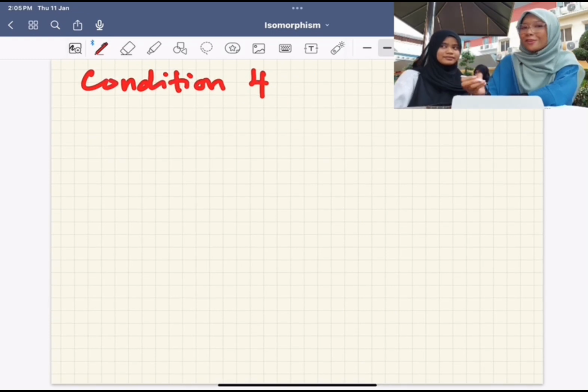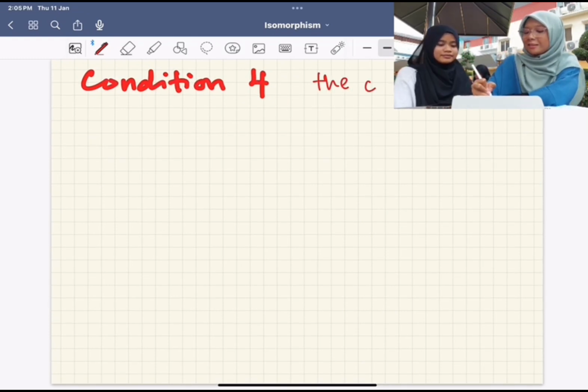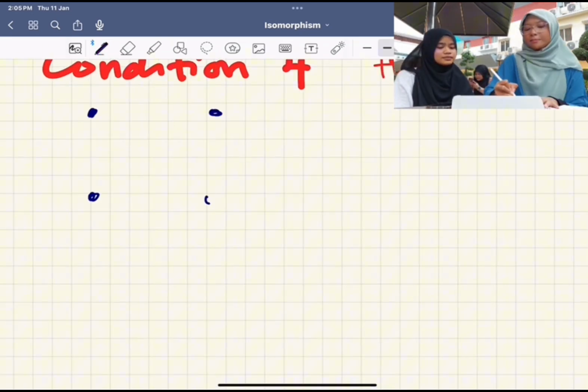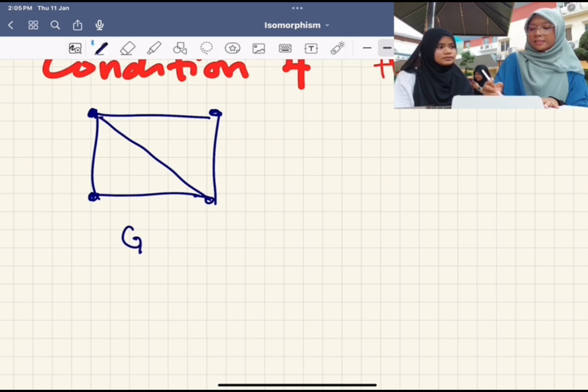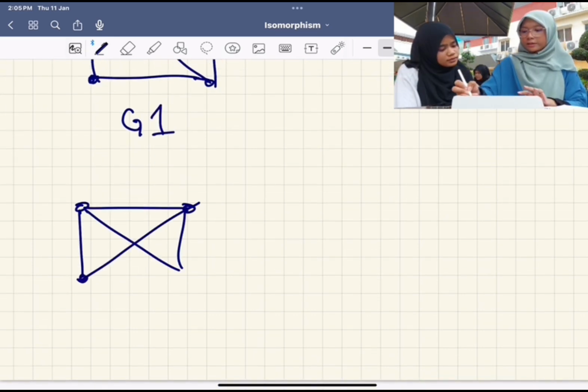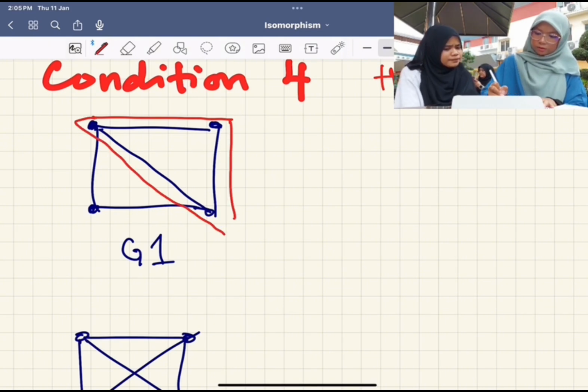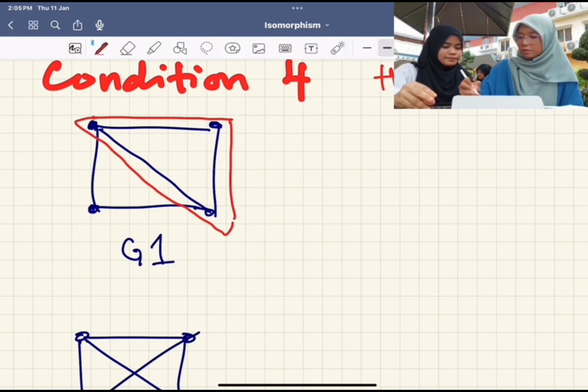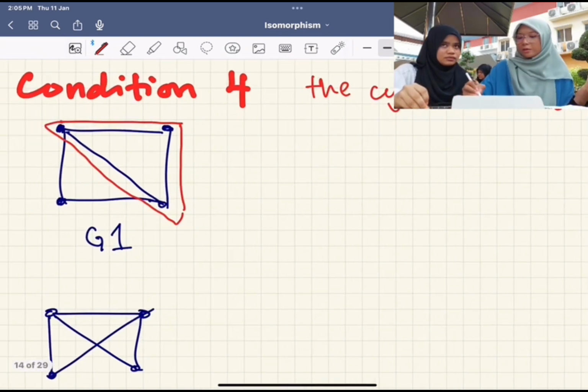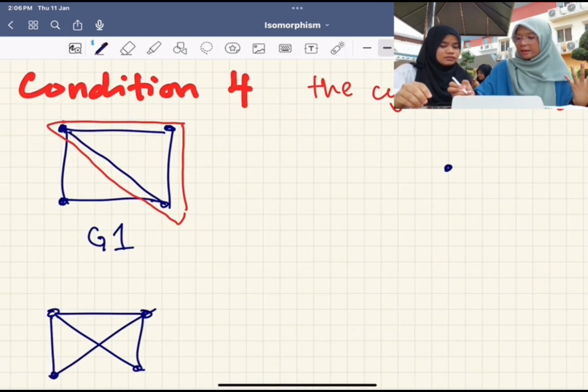Let's move on to the fourth condition, which is the cycle length. A cycle is when, for example, we have this one, G1, and we can say that the cycle goes from here to here to here. A cycle is when you start at one vertex, go along the edges, and stop at the same vertex like this.